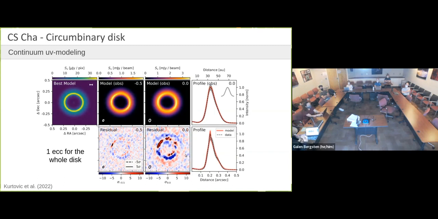In this other case, I was still trying with one eccentricity with a little bit more complex structure, but one eccentricity was still not doing the work. You can see that in the inner part of the disk, I have an over emission in the north and an under emission in the south. The problem is that when I go to the outer part, this pattern is flipped, so I have under emission in the north and over emission in the south.